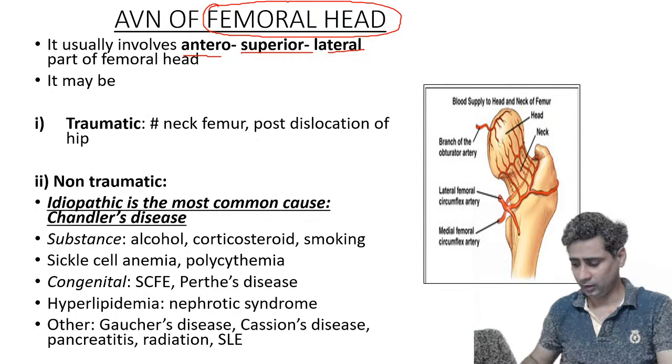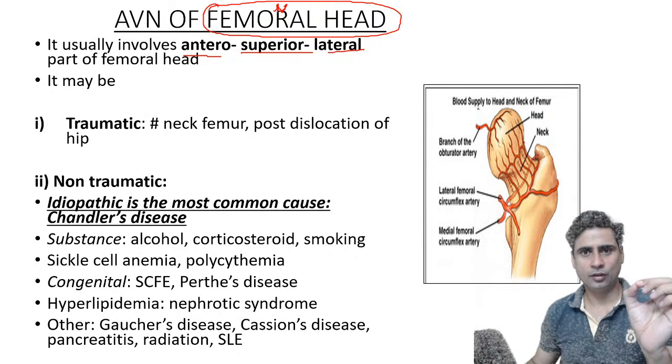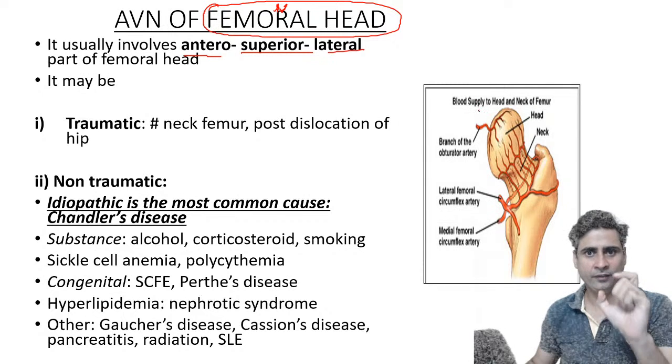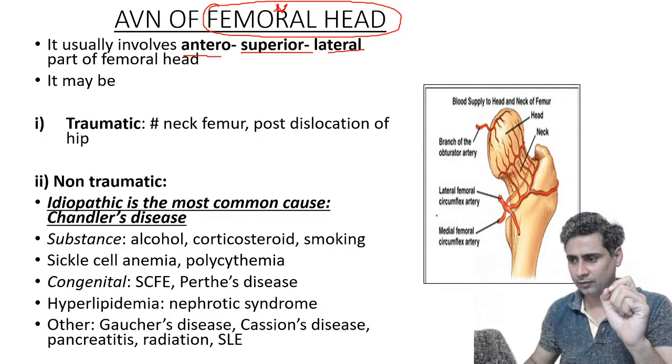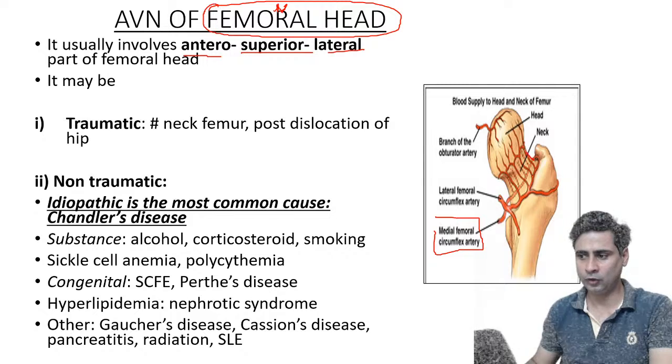Because this particular area is supplied by the lateral epiphyseal branches of the superior retinacular artery, which is a branch of the medial circumflex femoral artery. So this medial circumflex femoral artery goes posteriorly, giving the superior retinacular branch or ascending cervical artery.